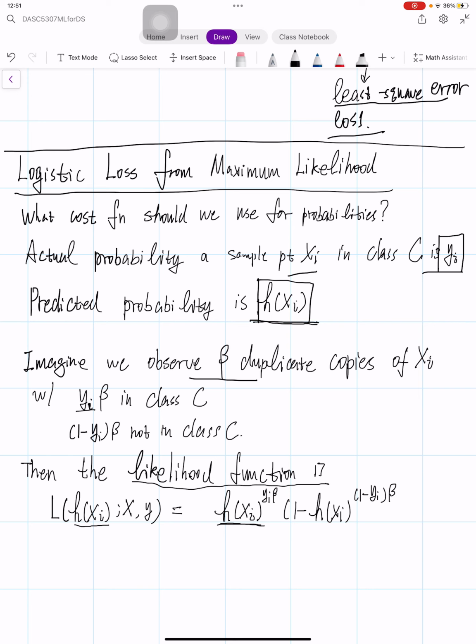Okay, so the bigger this one is, the closer h(xi) is to yi. And then we go through this for every data point.